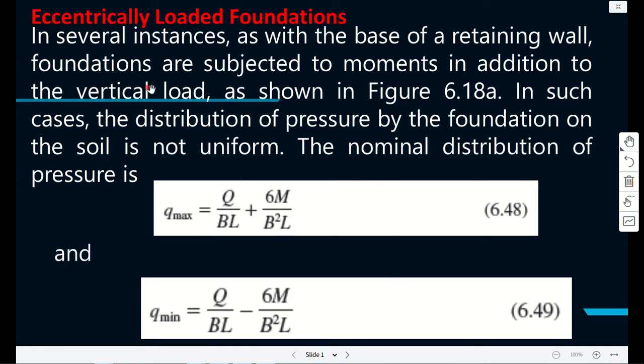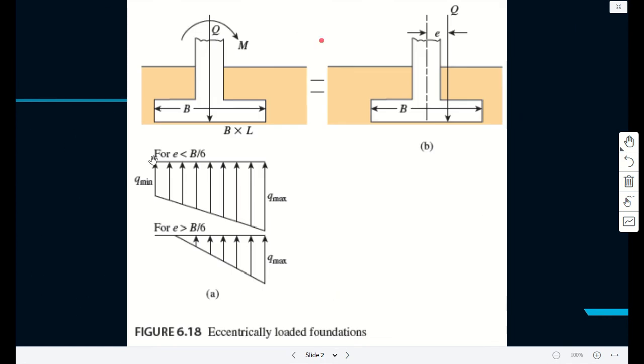Sometimes we have eccentrically loaded foundations, which is a fact we established from the previous classes. So as with the base of a retaining wall, foundations are subjected to moments in addition to the vertical loads, as shown in figure 8, this figure.